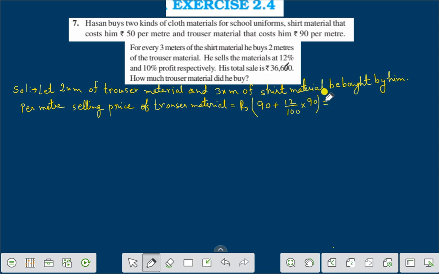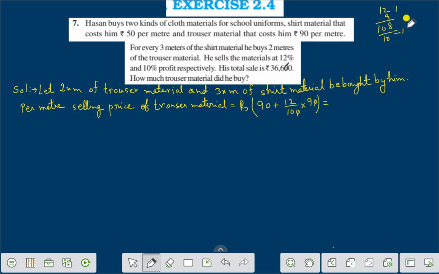Now find the value. This 0 will cut. 12 into 9 is 108, divided by 10 is equal to 10.8.